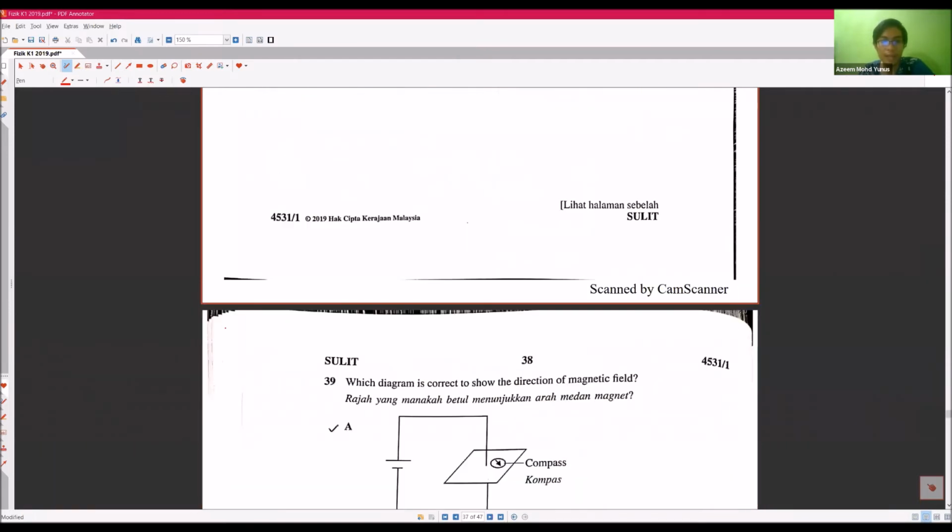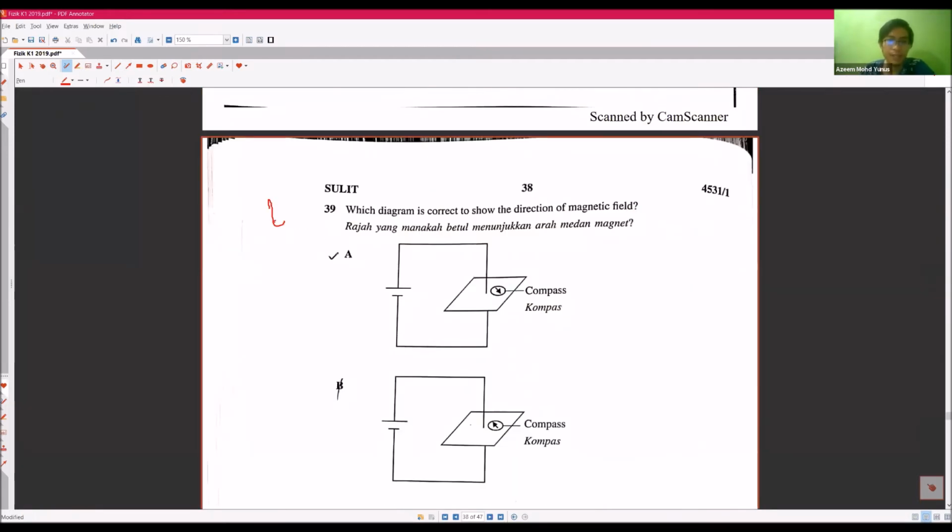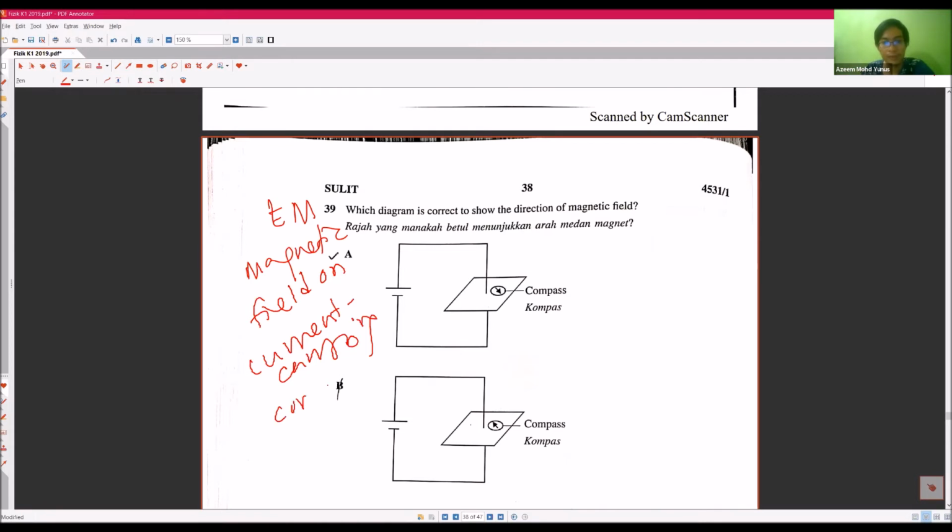Okay, 39, electromagnetism, on a current-carrying conductor. Which diagram is correct to show the direction of magnetic fields, positive, negative, so the current flows downwards.